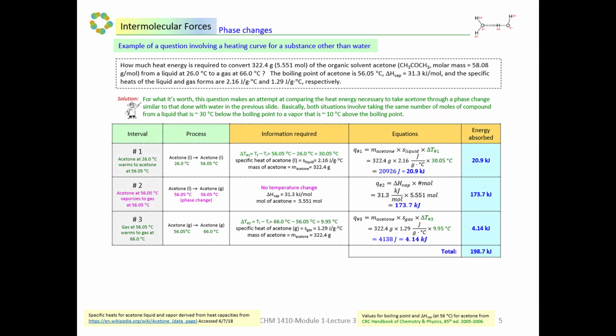We can set up this calculation quite easily, break it up into 3 intervals. Basically, in interval number 1, we have the liquid form of acetone being heated up from 26 to 56.05, its boiling point. We have the specific heat of acetone, the temperature change, and the mass.